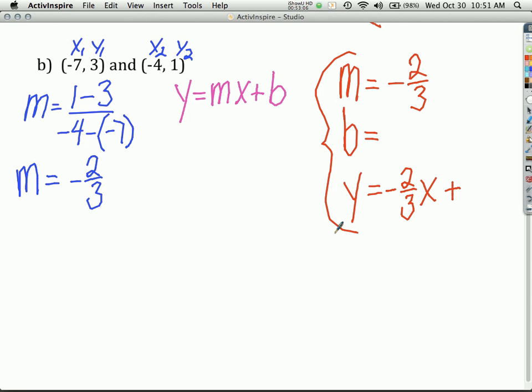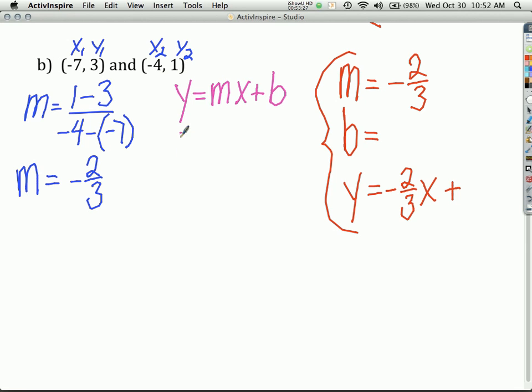You already know that because we should get the same answer either way. But which one seems easier to you? The second one? That was what my instinct was. My instinct was to use this point because it has a 1 in it. I thought that would be easier. But I don't know. We'll see.